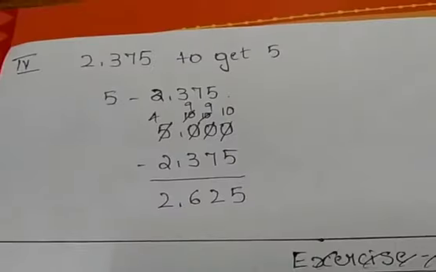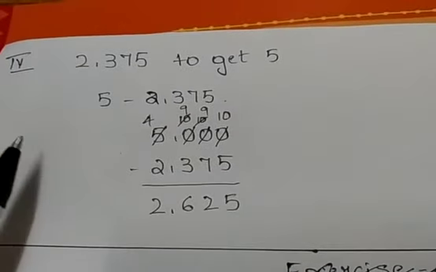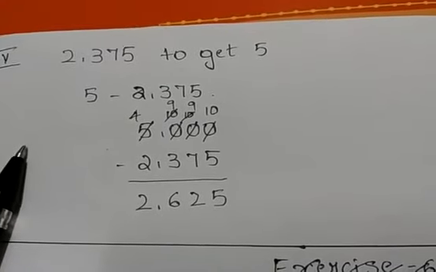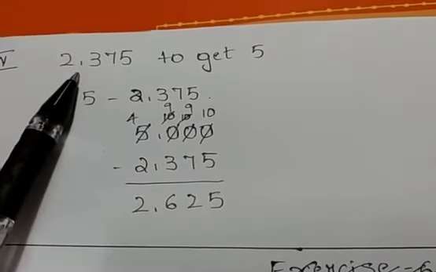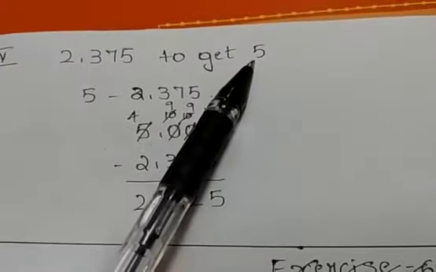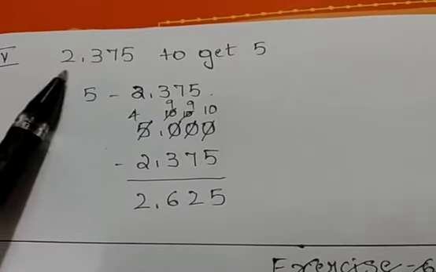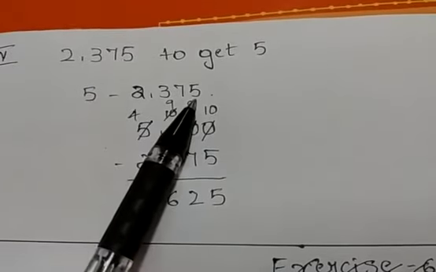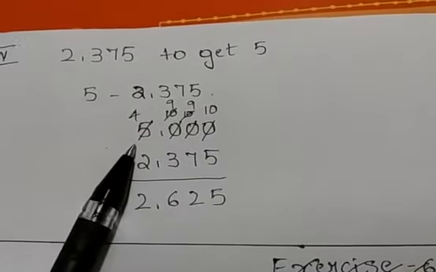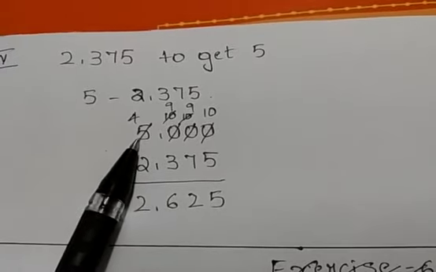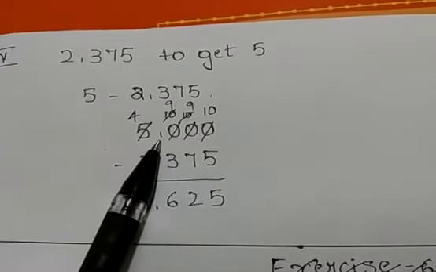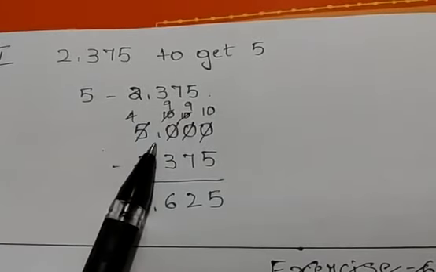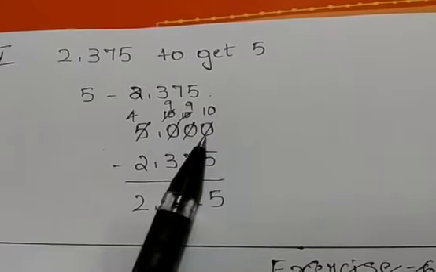Fourth one. Here they have said: what should be added to 2.375 to get 5? Just subtract the given number from 5, that is 5 minus 2.375. Write 5 as it is. Take the decimal point, and replace it by zeros, 3 zeros.